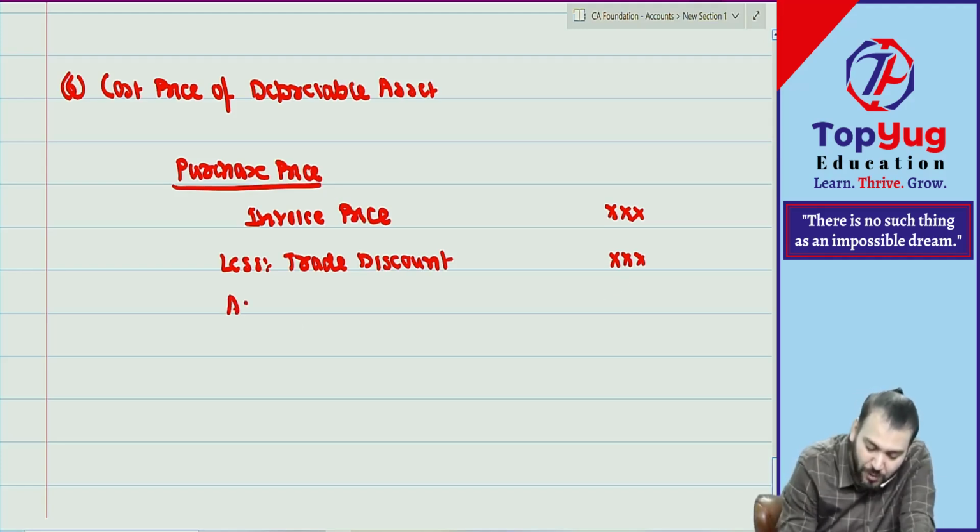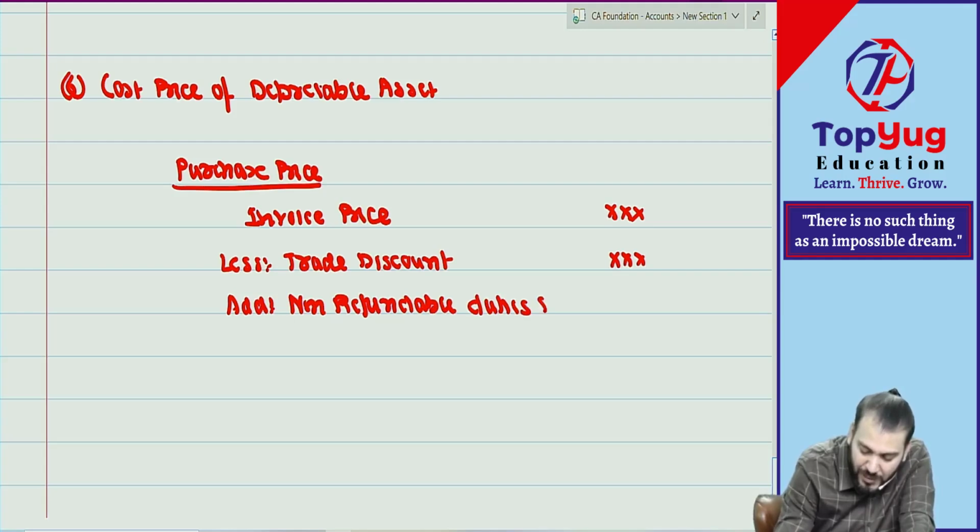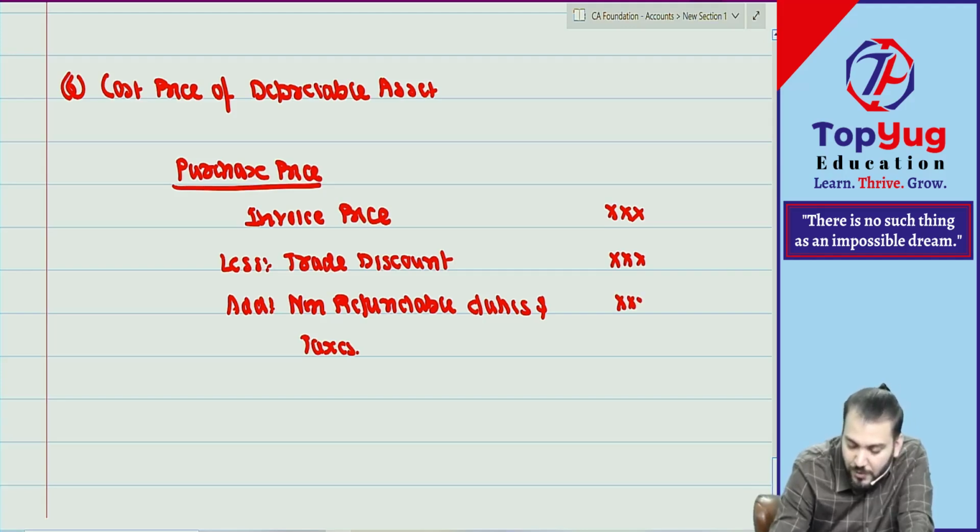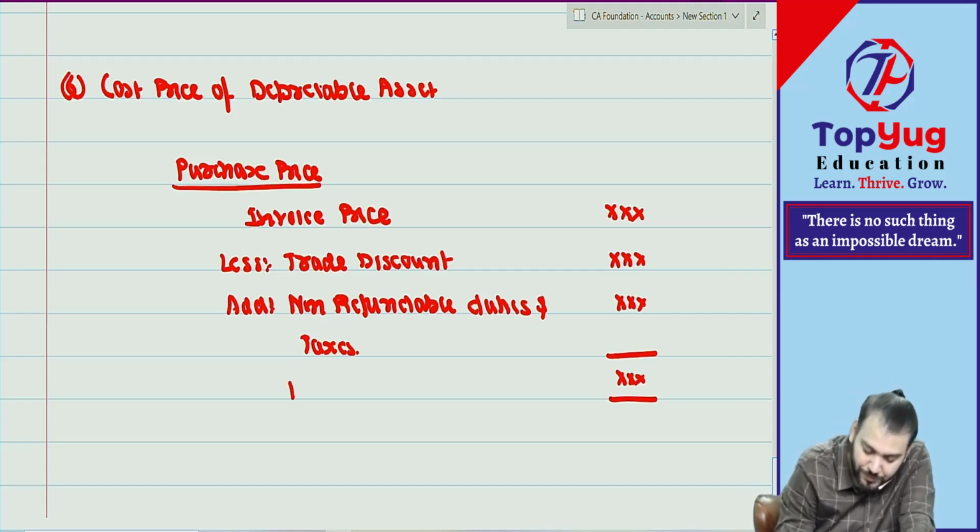Then we'll add non-refundable duties and taxes. Example is GST, if credit is not available. So this becomes what we call purchase price.